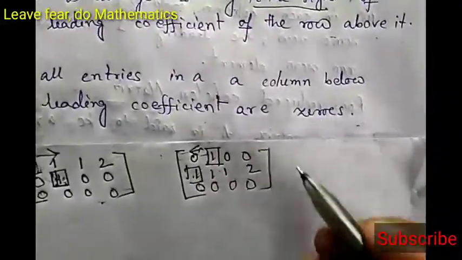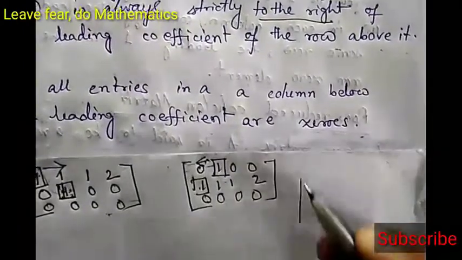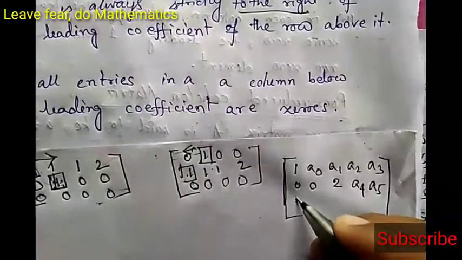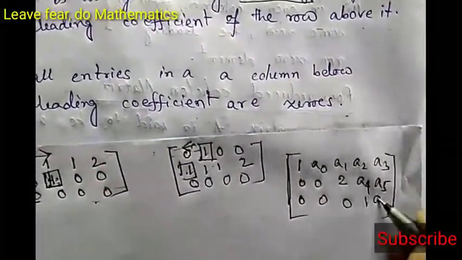Okay, now the general form of this type of matrix is this. I am giving an example of a 3 by 5 case. Suppose the matrix is: 1, A0, A1, A2, A3; then 0, 0, 2, A4, A5; then 0, 0, 0, 1, A6.